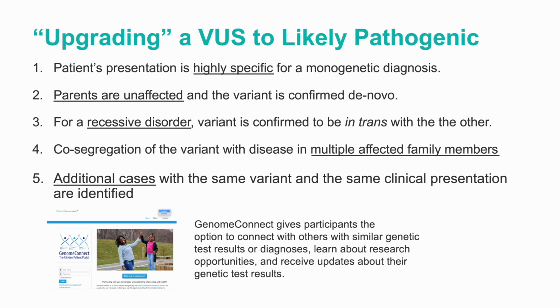Fourth, co-segregation with multiple affected family members. That usually requires many things: family communication being one, good relationships, being able to actually collect DNA from family members. But if it is available, this can be really impactful.